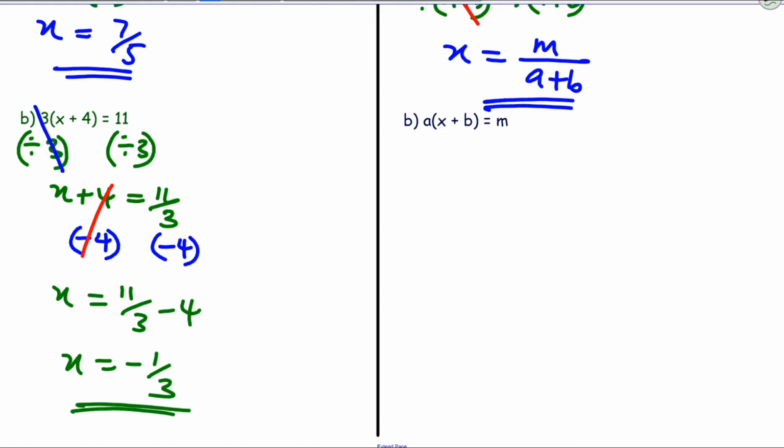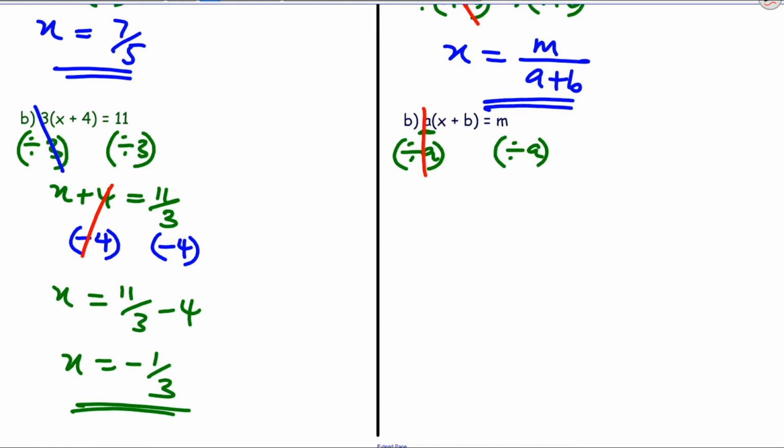We can use the same process to work out what we have on the right. The first step will be getting rid of this a, so that you're left with x plus b. Then it will be easier for us to deal with that. So divide by a on the left, divide by a on the right. And by the way, a divided by a will be equal to 1.